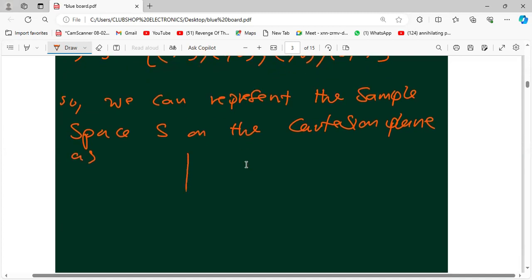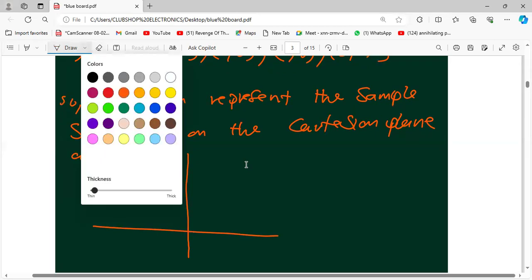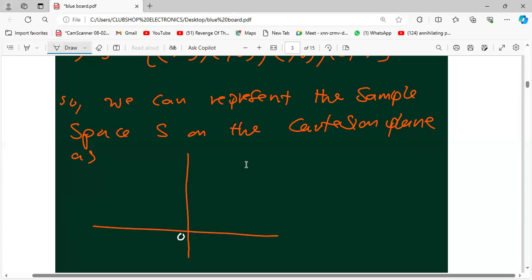So if you have the Cartesian plane like this, you may have 0, you have 1 here, and you have 1 here. The first one is here, 0, comma, 0.